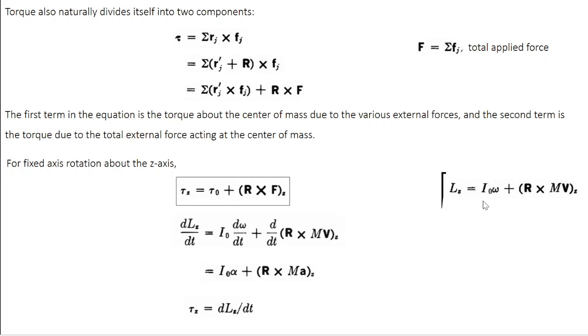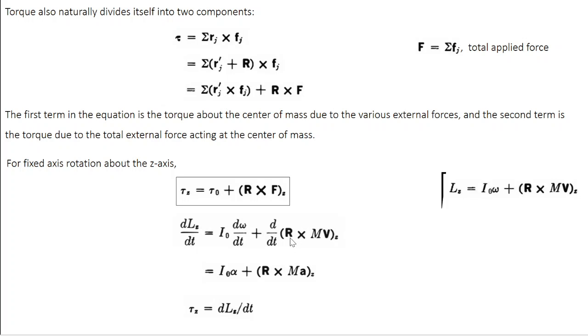Since we already know the expression for angular momentum Lz, we can calculate dLz by dt. This is going to be I naught into d omega by dt plus d by dt of R cross m vz. Now d omega by dt, the rate of change of angular velocity, is angular acceleration alpha. So the first term is I naught alpha.